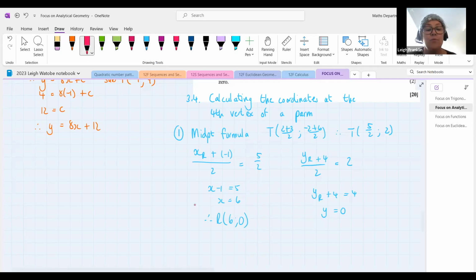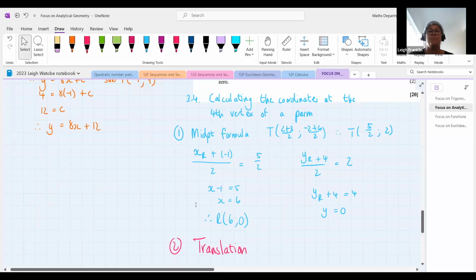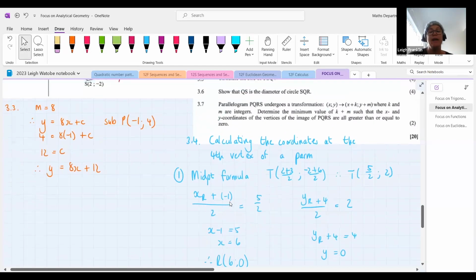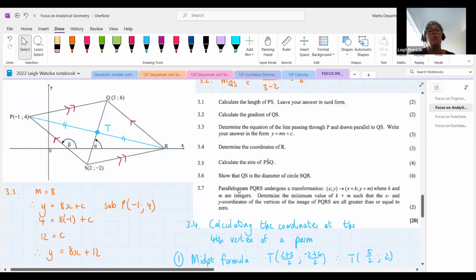The other method, which is what Kutwano was talking about, was to use translation. Okay, so translation would work as follows. I could do 2 different types of translations from here.